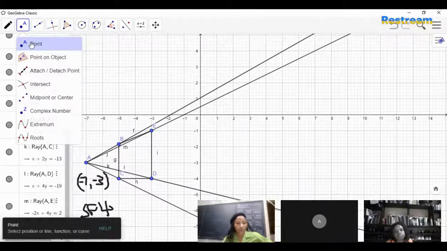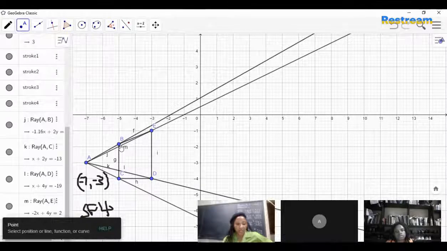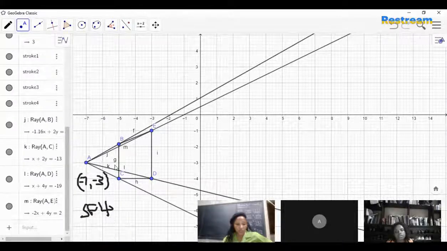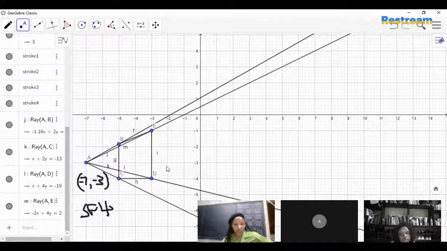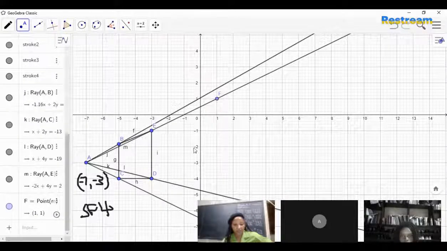So for the first point, we moved 2 on the x and 1 on the y. So now multiplying each of those by 4, it would be 8 on the x and 4 on the y. So 1, 2, 3, 4, 5, 6, 7, 8. 1, 2, 3, 4. That's here.